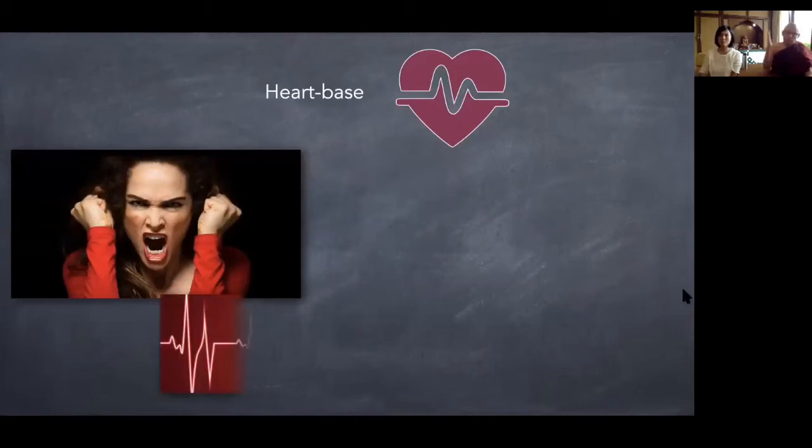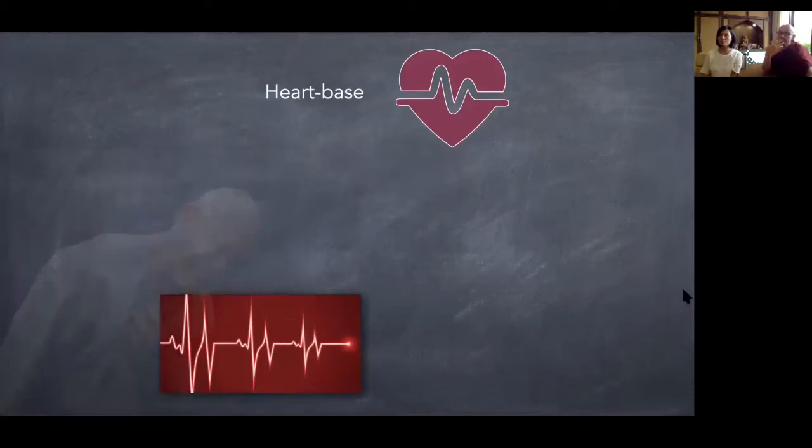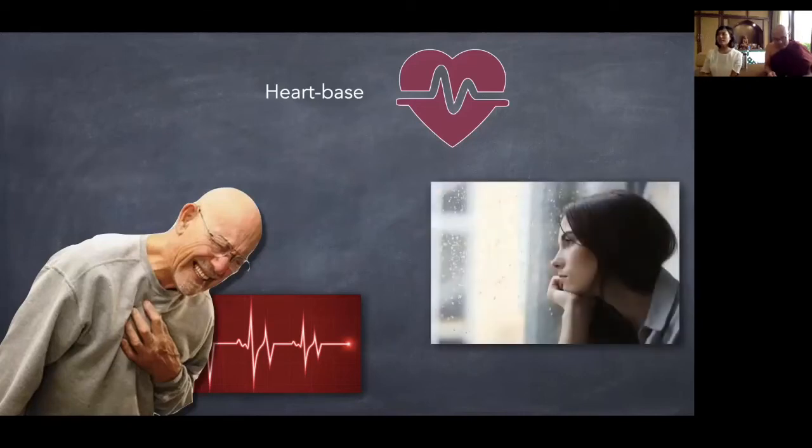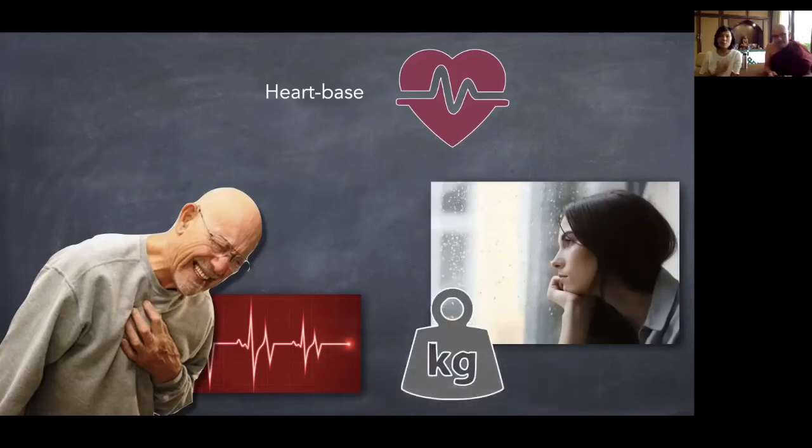It beats much faster, no? Sometimes it can even get to a point that you can get a heart attack if you're really angry. So that's how consciousness, mind, affects some kind of matter. There is a connection. And sometimes when we are very sad, what do we say? We say that my heart is so heavy. Yes, I feel so heavy in the heart. So there is some kind of connection.